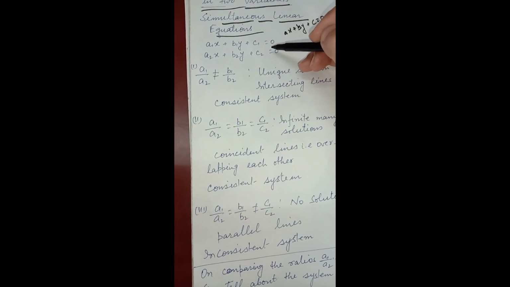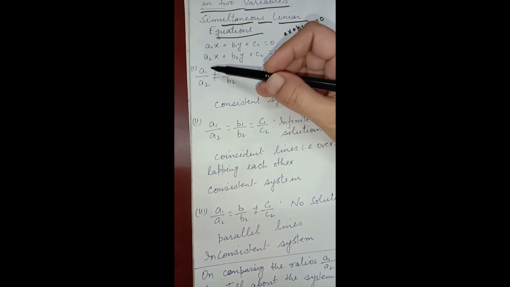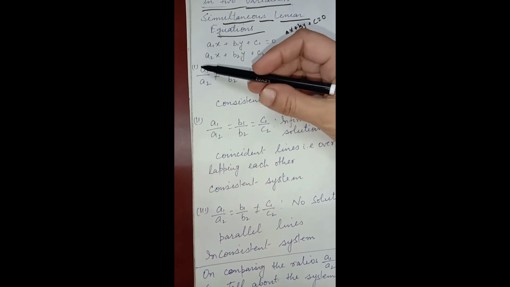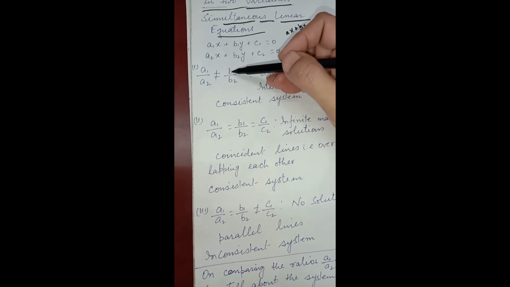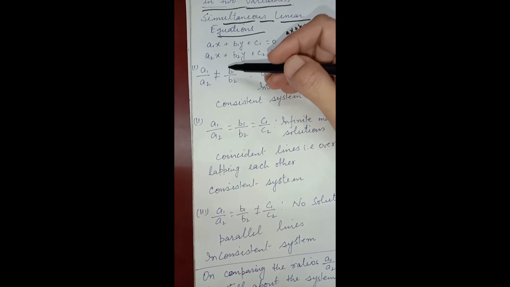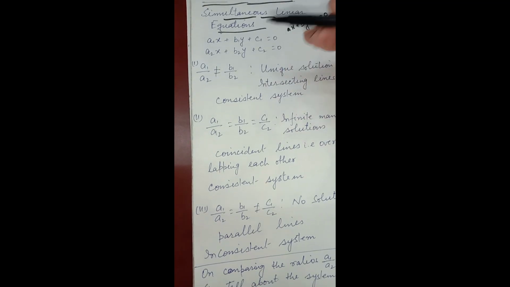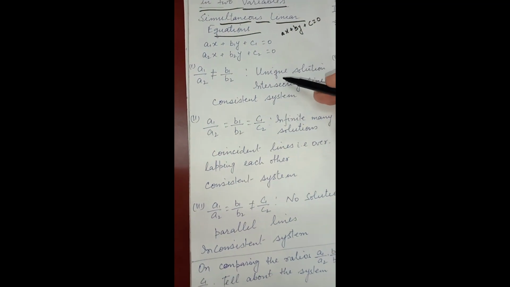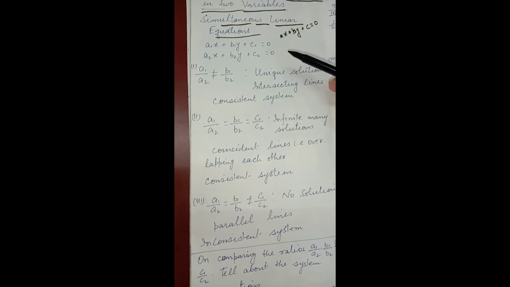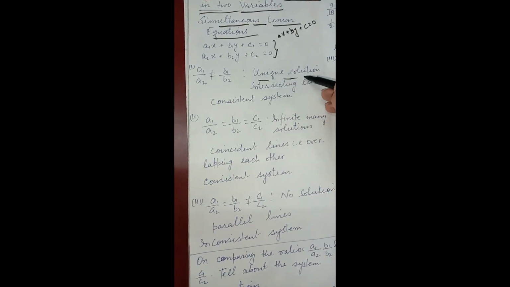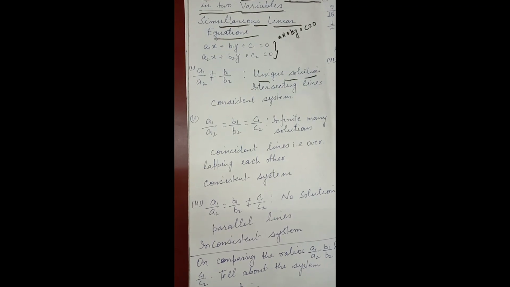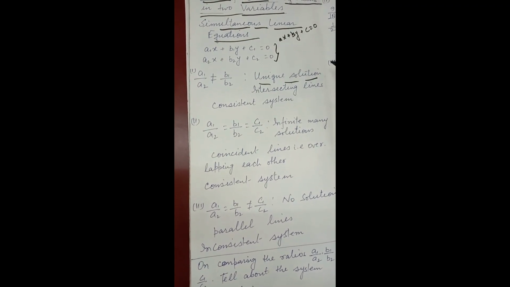So first we'll find the ratio of a1 upon a2. First condition is a1 upon a2 and b1 upon b2. If these ratios are not equal, then the system, meaning these two equations, will have a unique solution. Unique solution means one and only one solution.